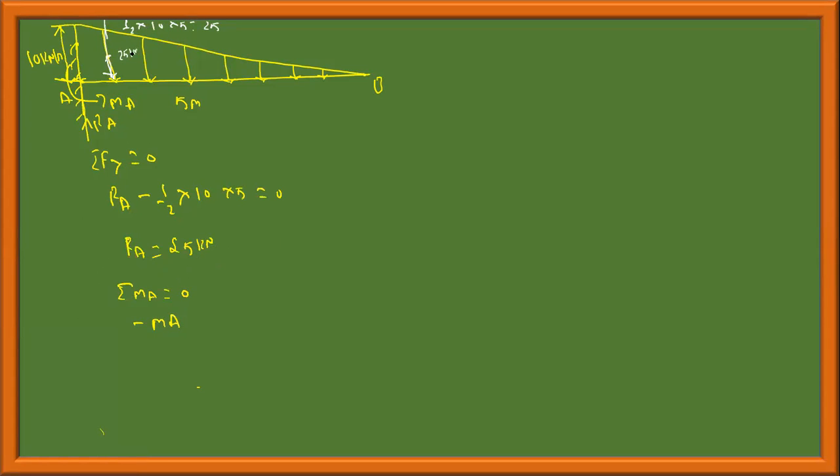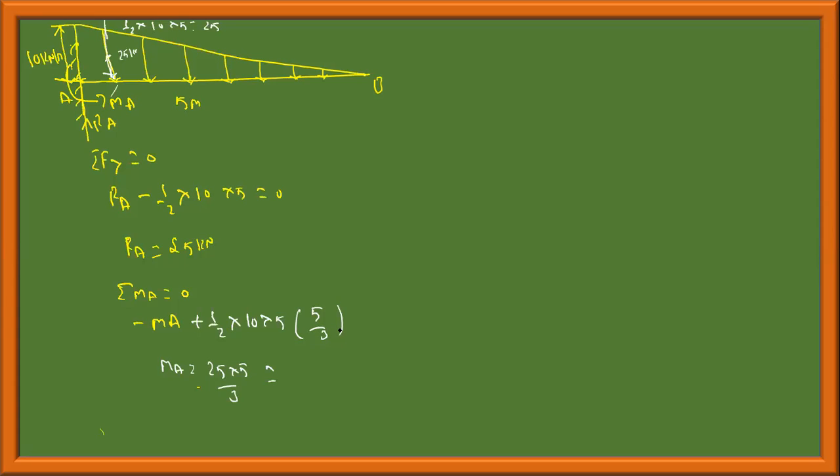Minus MA, this is causing clockwise moment, plus half into 10 into 5, that is nothing but 25, and the distance is h by 3, which is equal to 5 by 3. MA is equal to 25 into 5 by 3.